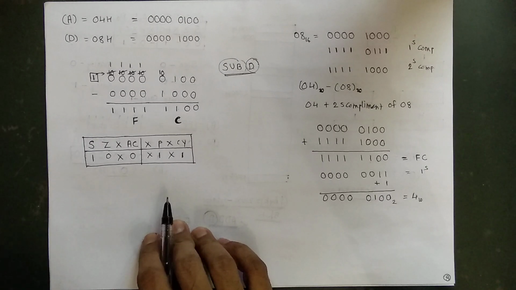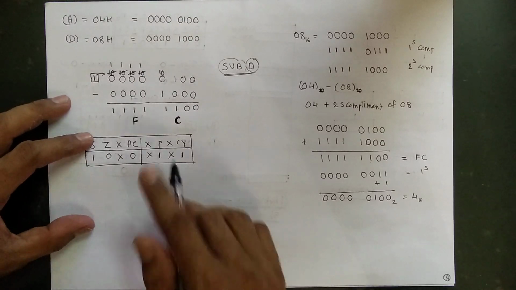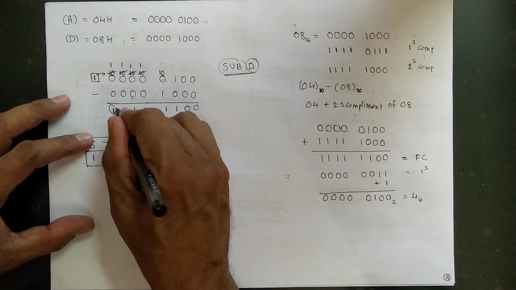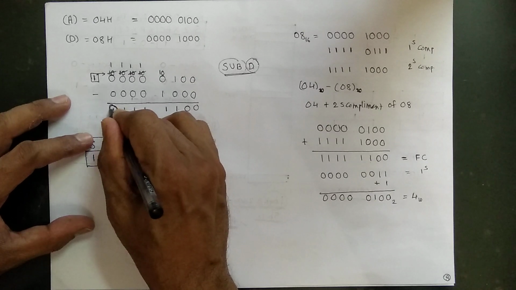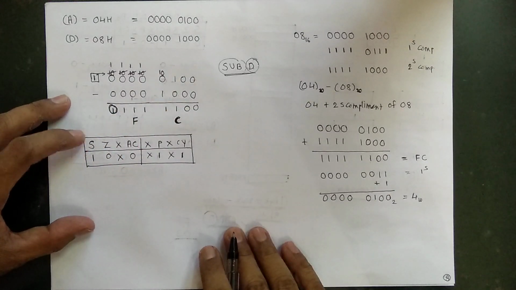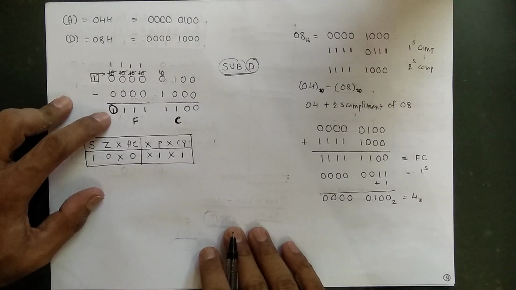When subtraction takes place and if the most significant bit is having value 1, it means the answer is negative and it is in 2's complement form. I am repeating.